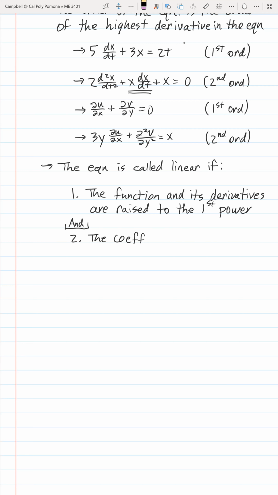And the coefficients, so here we can capture that, and the coefficients are a function of the independent variable only.